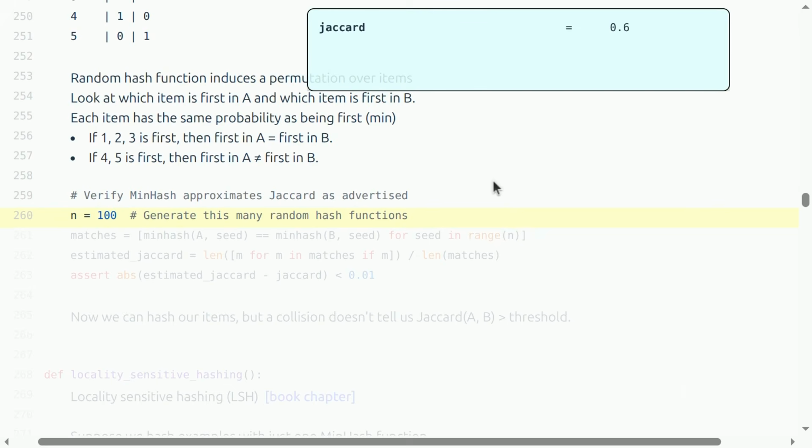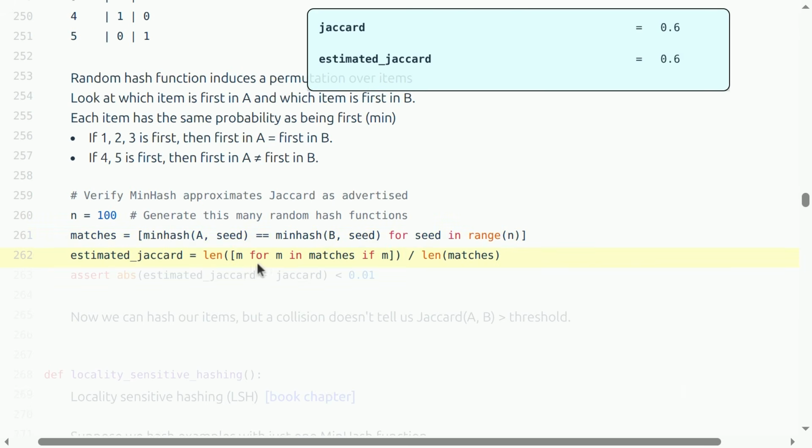Okay, so let's just check this in code. I'm going to generate 100 different hash functions. Each hash function is given by a seed, and I just check whether the min hash of A is equal to the min hash of B, and the estimated Jaccard. I look at the fraction of matches, and you get 0.6.